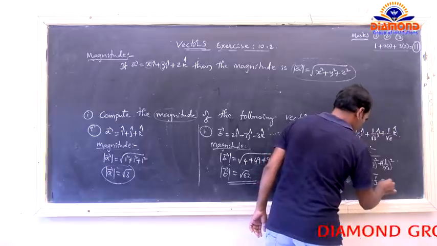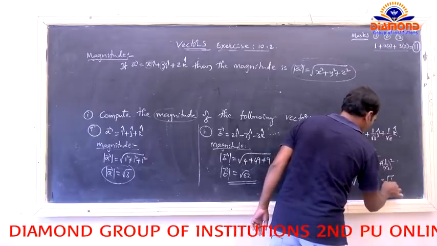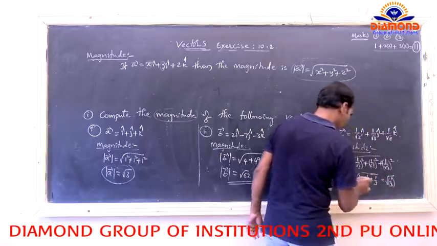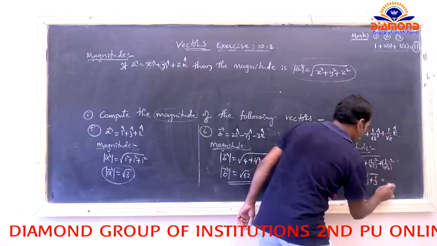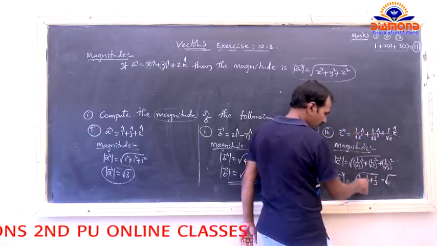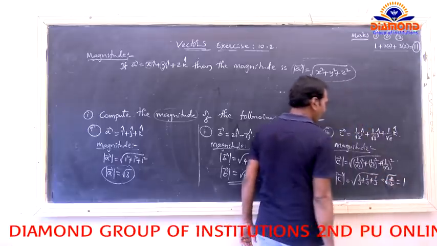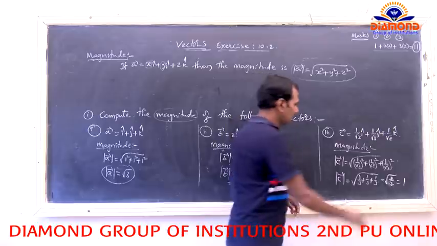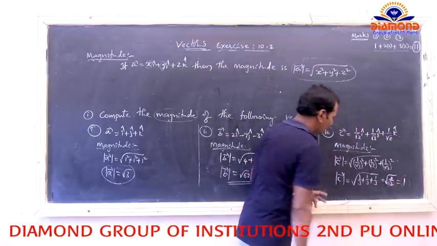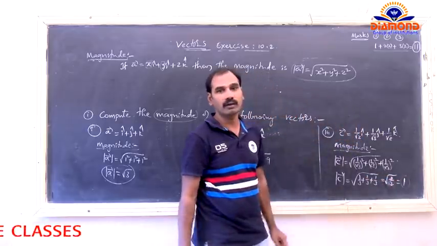It is equal to square root of 1 by 3 plus 1 by 3 plus 1 by 3, LCM means 3, so 3 cancel. It is equal to 1. Root 1 is 1. So magnitude is 1. So C vector is a unit vector.